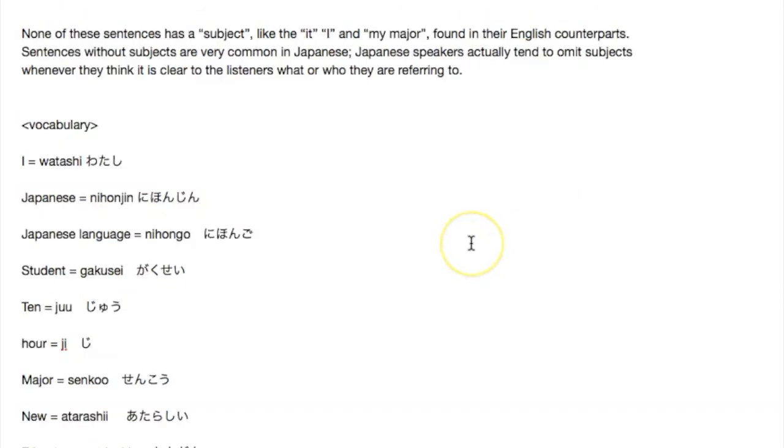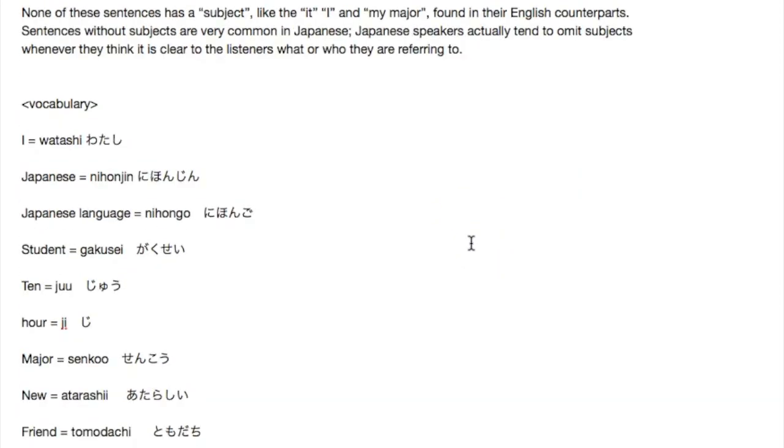Okay, let's learn vocabulary. I, 私. Japanese, 日本人. Japanese language, 日本語. Student, 学生. 10, 10.